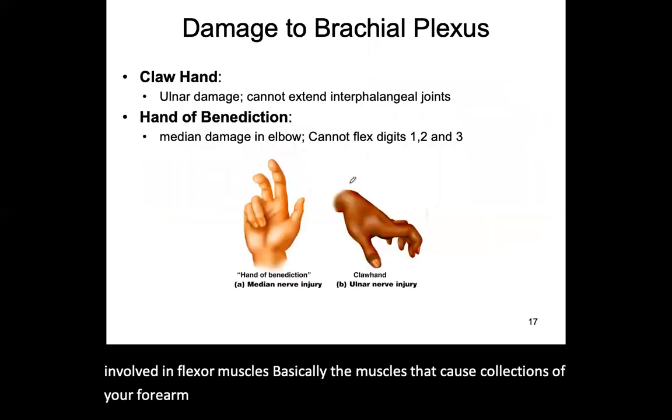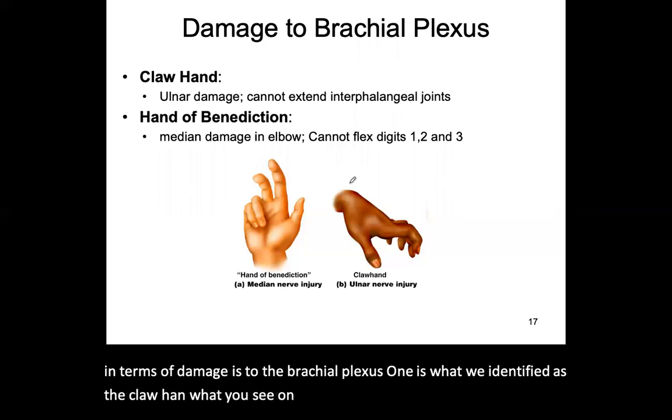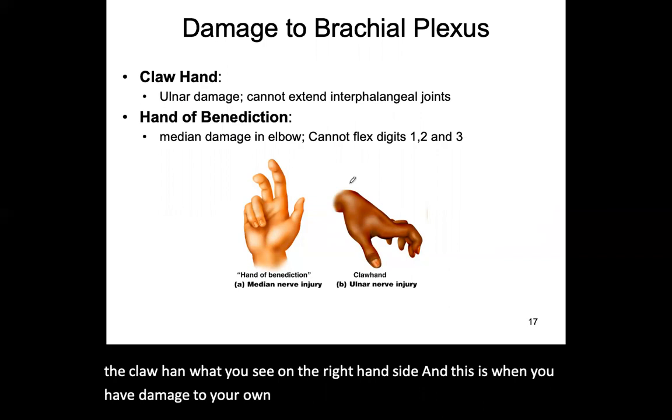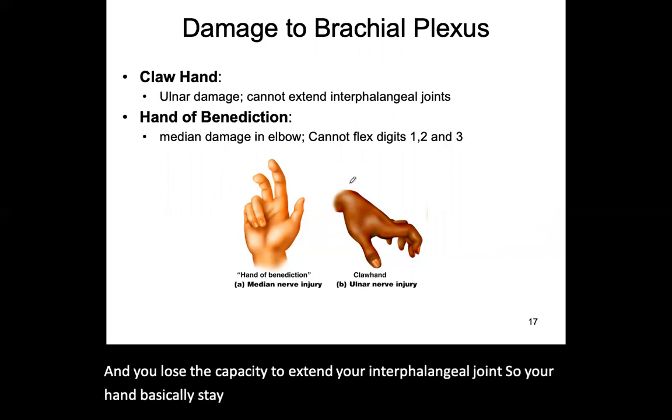Now, there are two typical conditions listed here in terms of damage to the brachial plexus. One is what we identified as the claw hand, what you see on the right-hand side. This is when you have damage to your ulnar nerve and you lose the capacity to extend your interphalangeal joints. So your hand basically stays in this position, literally like a claw.